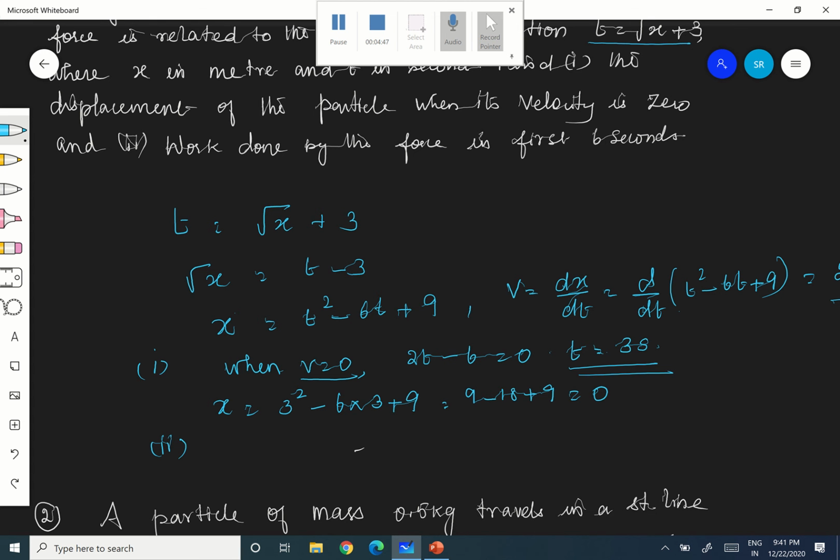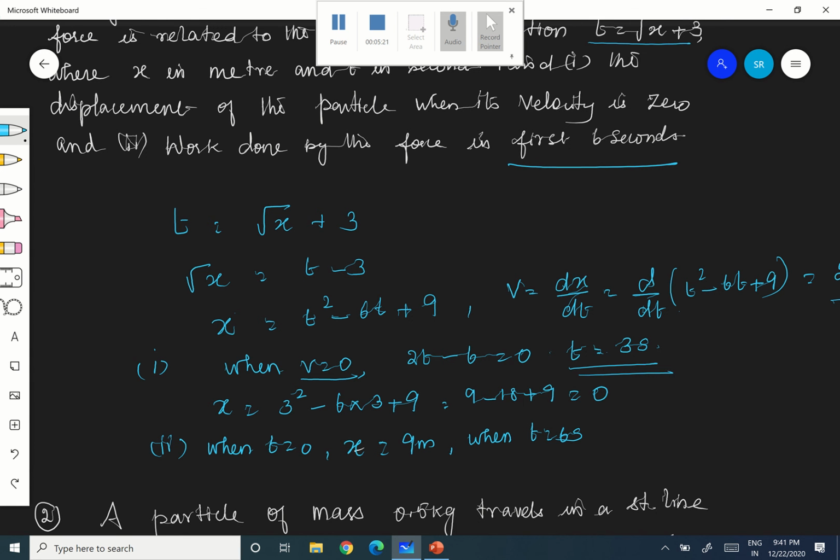Since the first 6 seconds is asked, when t = 0, find x. T squared is 0, 6t becomes 0, therefore x = 9 meters. So when t = 0, x = 9 meters. Next, when t is equal to 6 seconds.